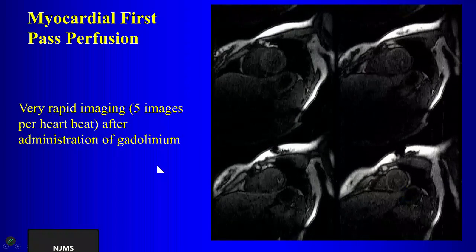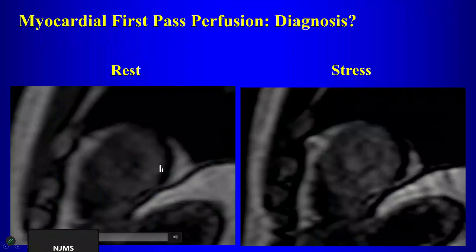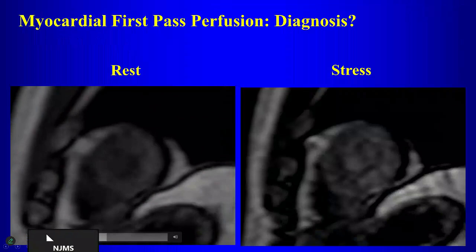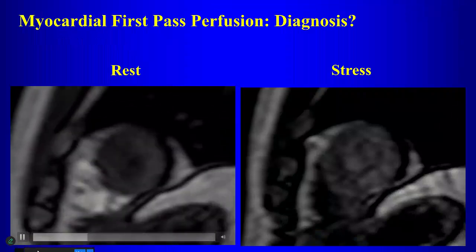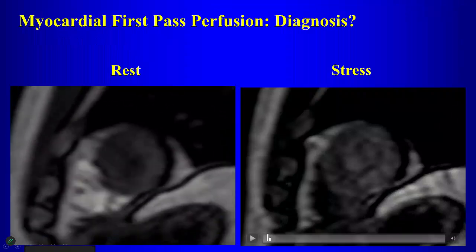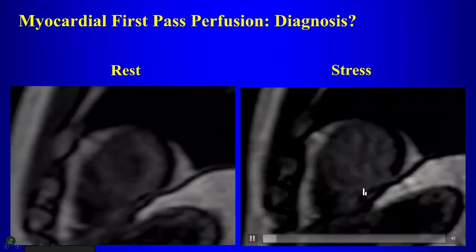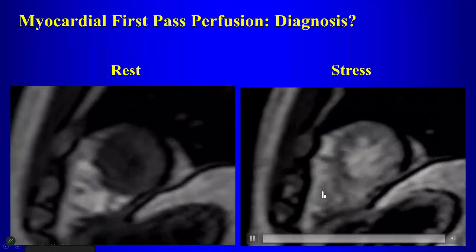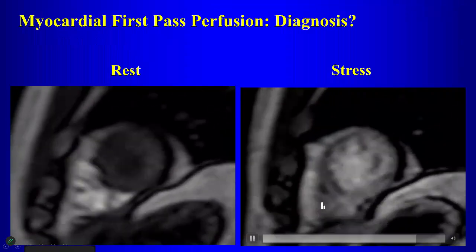Okay? So here's the resting short axis view through the left ventricle. And then here we have the stress portion, and the stress is done with pharmacologic stress. So what's different between rest and stress?